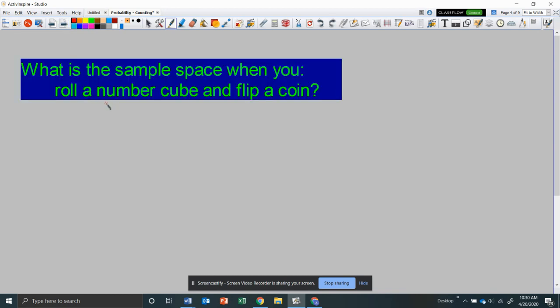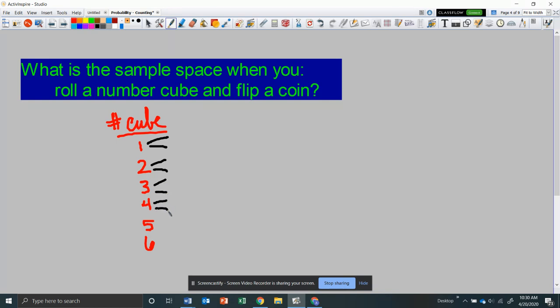What is the sample space when you roll a number cube and flip a coin? Let's see, rolling a number cube. So the first thing would be the number cube. I could get a 1, a 2, a 3, a 4, a 5, and a 6. And then I'm going to do a tree here to say, from each of these, I could either get heads or tails, right?